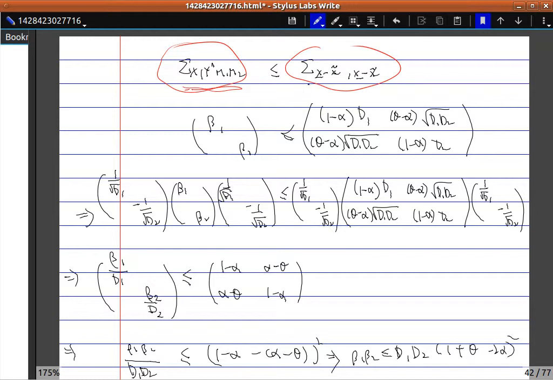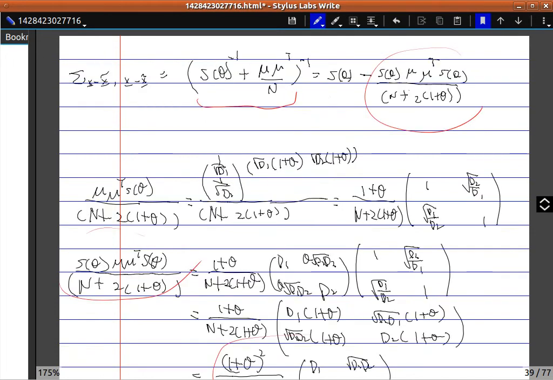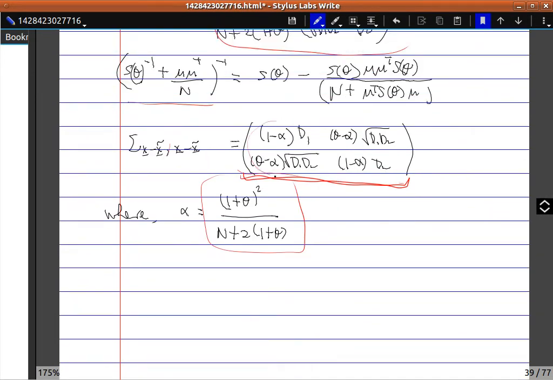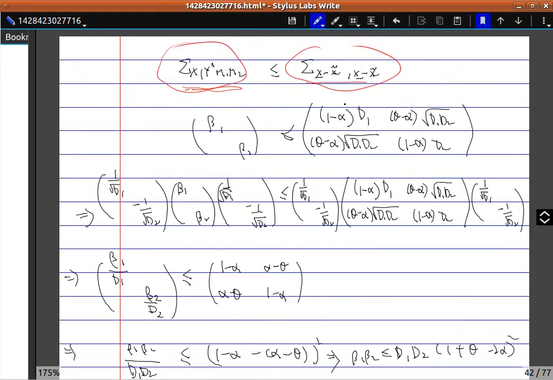We are almost done finding this one, and actually I think we are done. That one is just equal to this. And what we have here is that this is bigger than or equal to this.